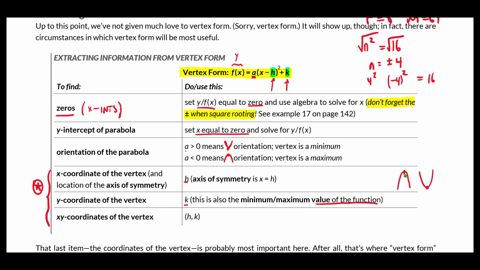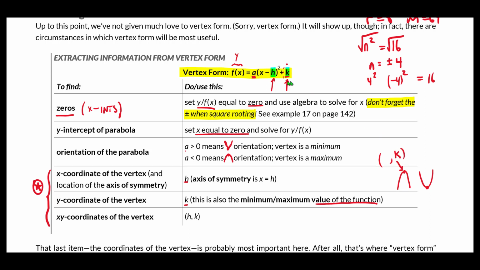If we're talking about the maximum or minimum value of a function, we're talking about the maximum or minimum y coordinate. Well, when it comes to a parabola that is down facing or frowning, then whatever the y value is at that maximum point, which we know if we're looking at vertex form, the y value is going to be k, then the parabola's maximum value will be k.